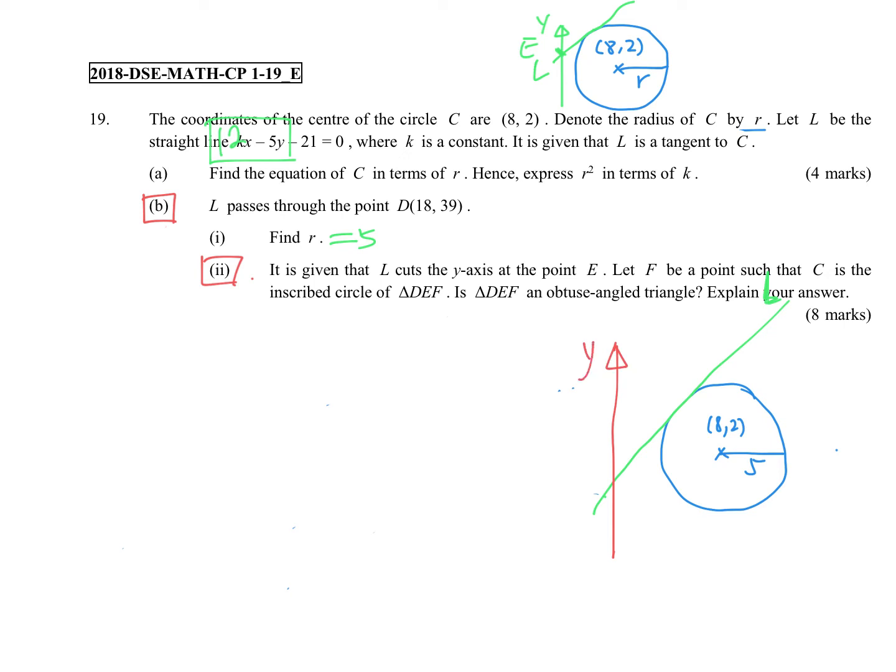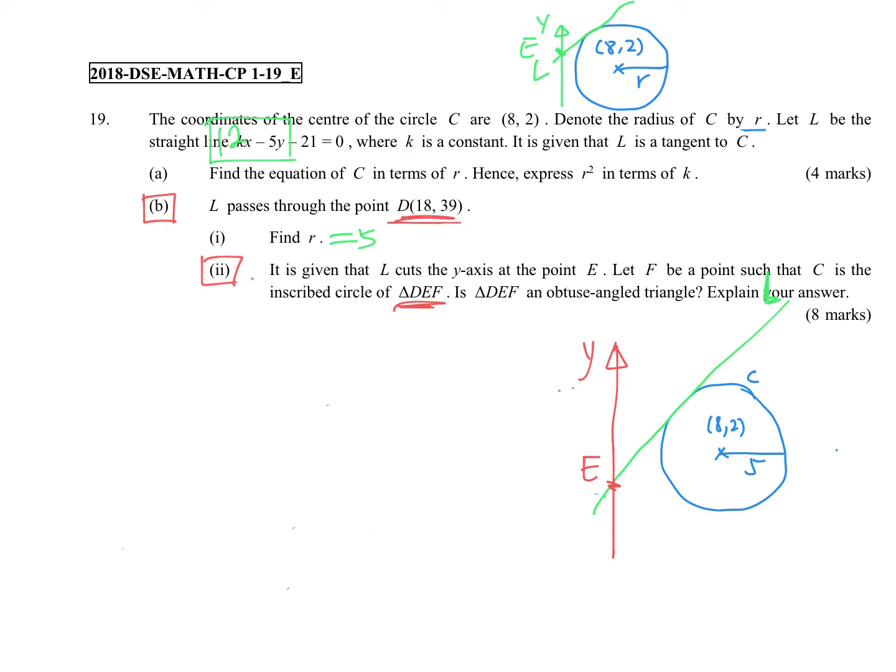So this is point E. And then let F be a point such that C is the inscribed circle of triangle DEF. So where's D?